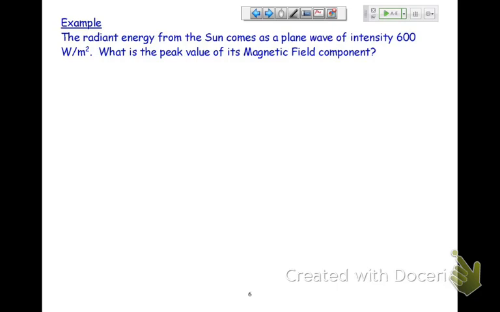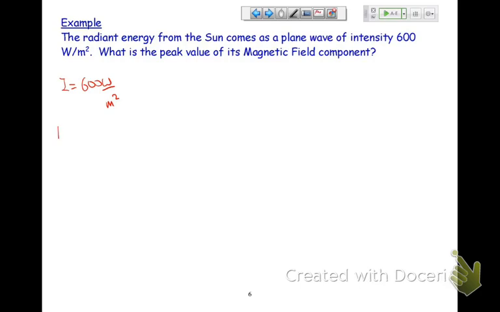Radiant energy from the sun comes as a plane wave of intensity 600 watts per square meter. So I is equal to 600 watts per square meter. And we ask, what is the peak value of its magnetic field component?